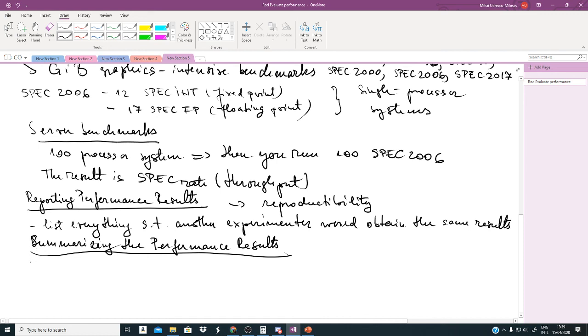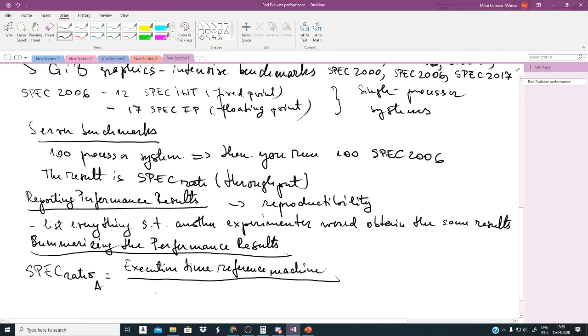The SPEC ratio for computer A is the execution time of a reference machine divided by the execution time of that program on computer A. Obviously, this means the performance of computer A for that program divided by the performance of the reference machine.